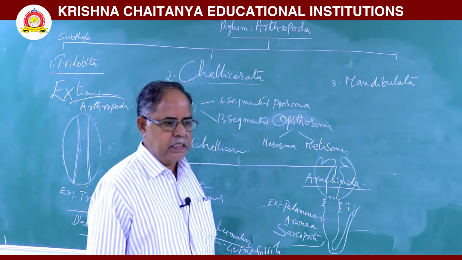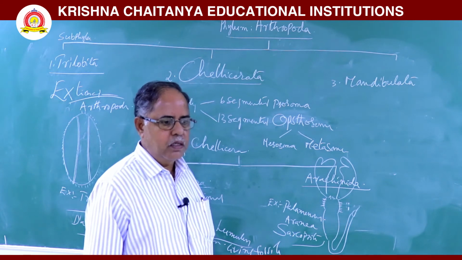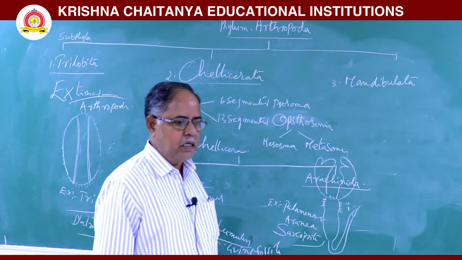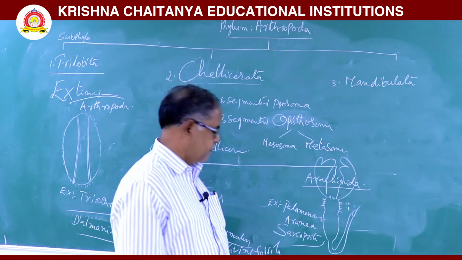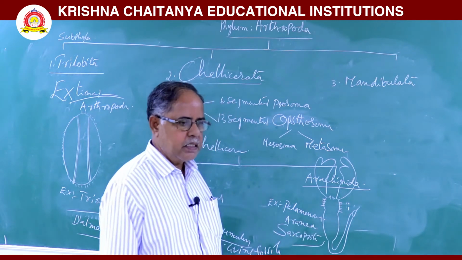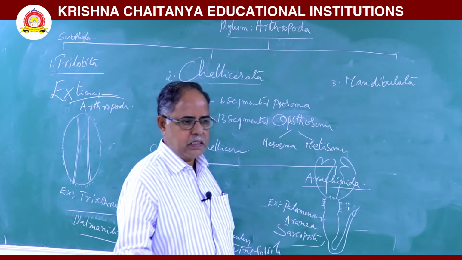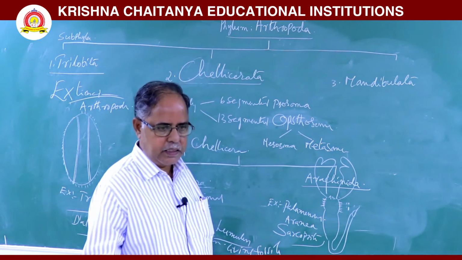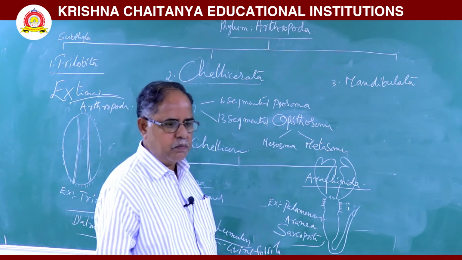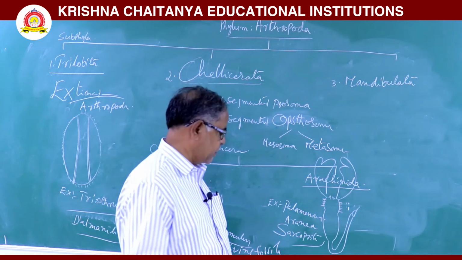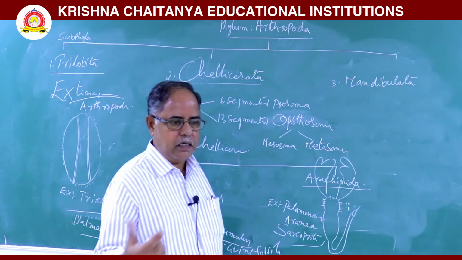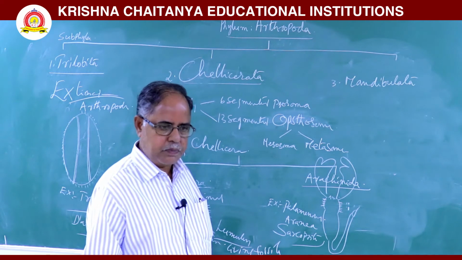But in spiders, 4 pairs of posterior abdominal appendages are formed as spinnerets. Here, book lungs act as respiratory organs in some, for example, in Pelamnius, that is a scorpion. In some spiders, trachea are the respiratory organs.